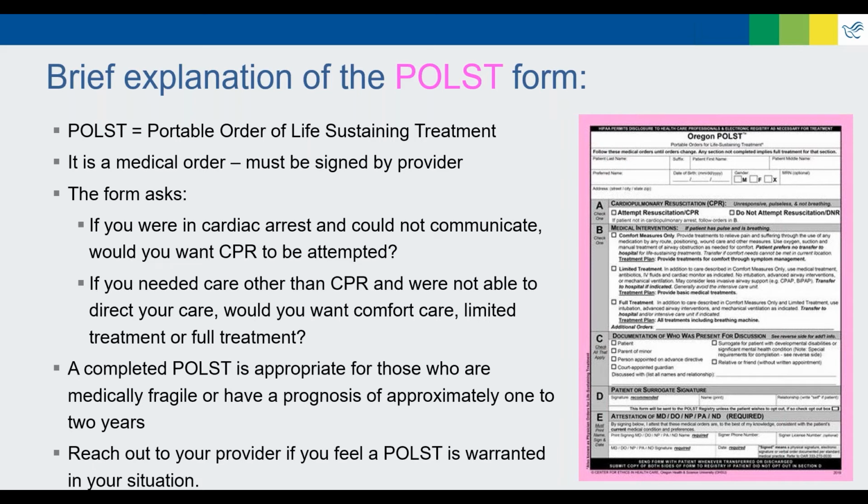And then further, if I needed care other than CPR and I were not able to direct my care, what kind of care would I want? Ours in Oregon offers 3 choices. Would I want comfort care, limited treatment, or full treatment? And a completed POLST is appropriate for those who are medically fragile or have a prognosis of approximately 1 to 2 years.